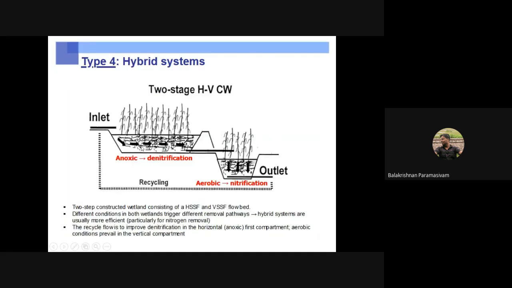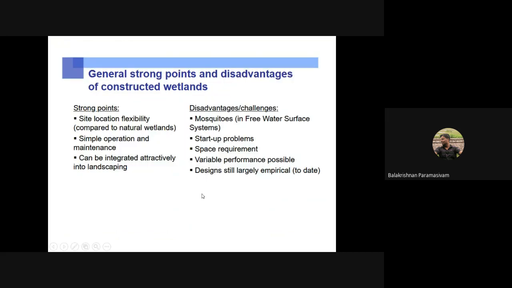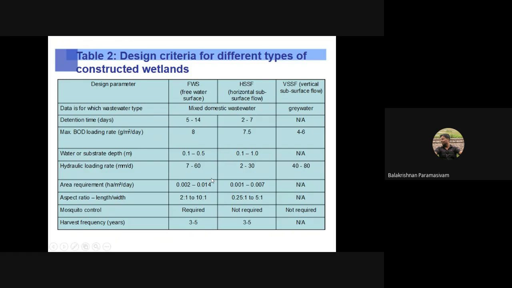So it will be used for the spinach that is given to cows and goats, the plants given to animals, which are grown with the use of this treated sewage water. They will harvest it and use it as food for cows and other animals. So we can use that kind of a system also.